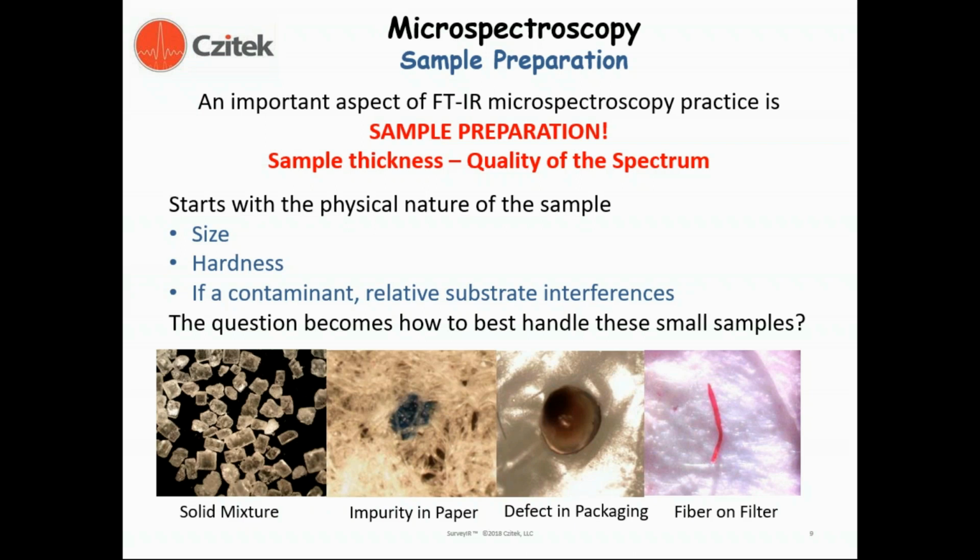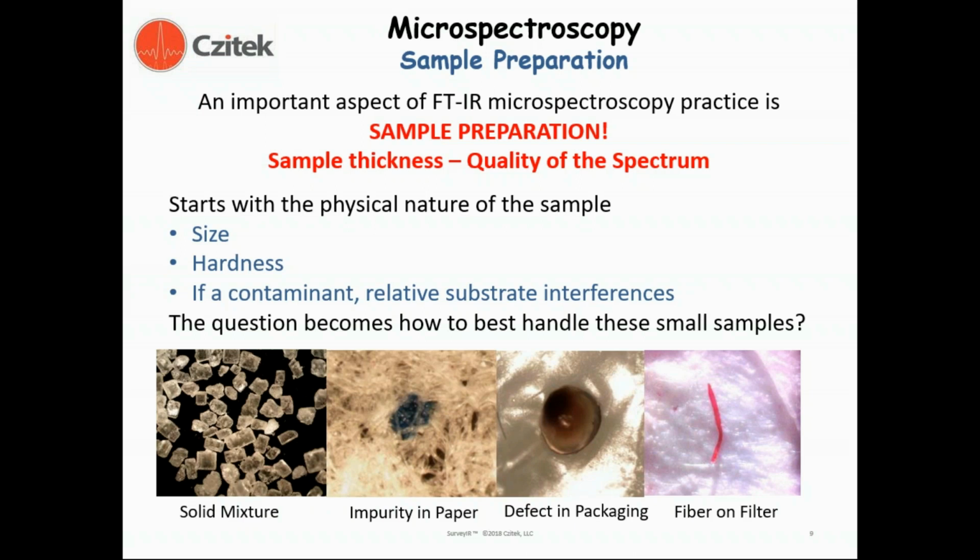Sample preparation begins with the physical nature of the sample, its size, its hardness, if it's a contaminant, if it's a material that's multi-phase, what are the other components and properties of those materials.